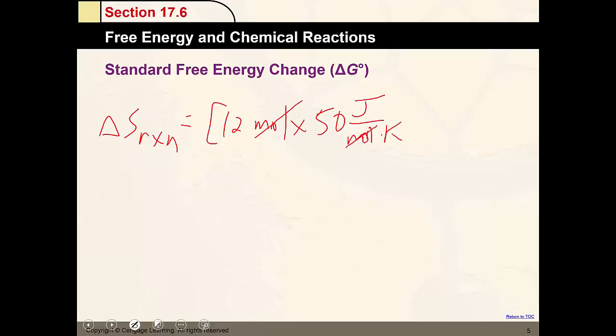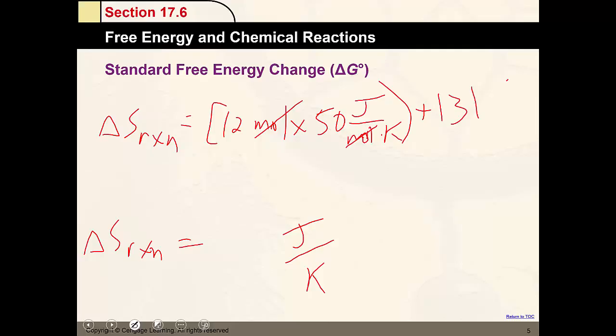And here the moles cancel. So that means our final units for the entropy change of the reaction will be in terms of joules per Kelvin. And we add that to the other product. So H2 is 131, and that'll be joules per Kelvin since you're multiplying just by 1 mole.